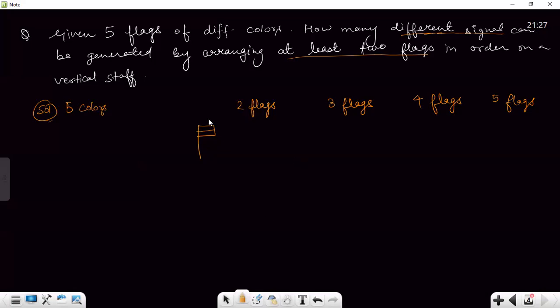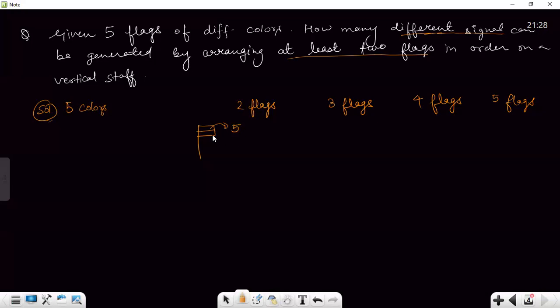If we are using 2 flags, there are 2 places which can be filled. The first place can be filled with how many options? There are 5 flags of different colors, so 5 options.